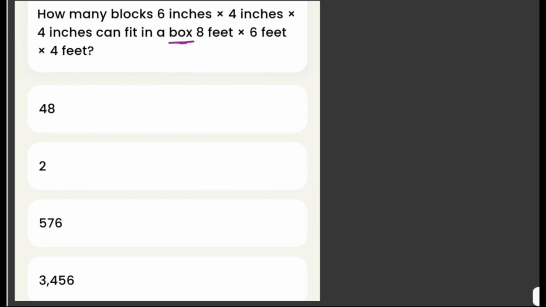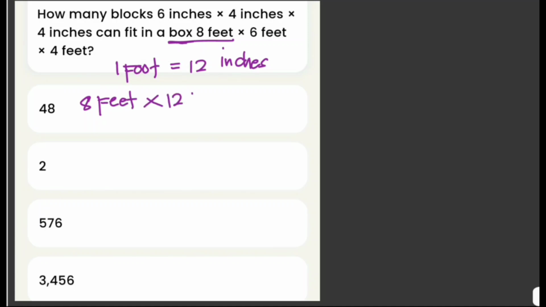from feet to inches. So 1 foot is equal to 12 inches. So we convert this one, 8 feet. We multiply this by 12 inches per 1 foot, and then we get 96 inches.